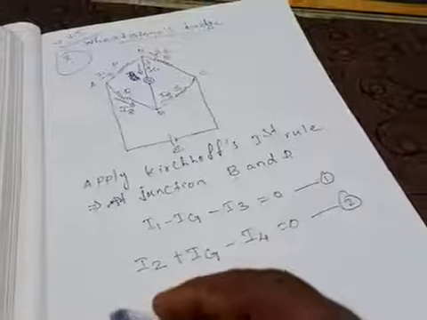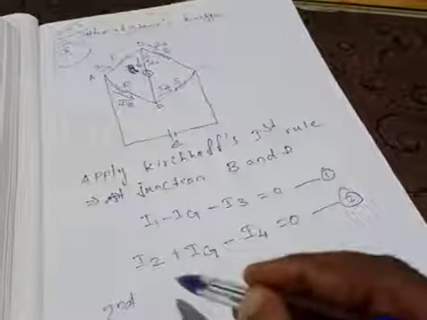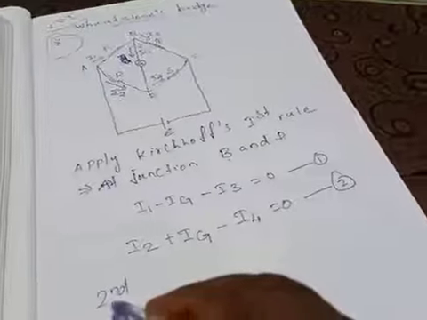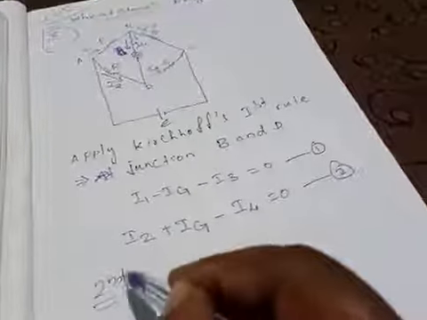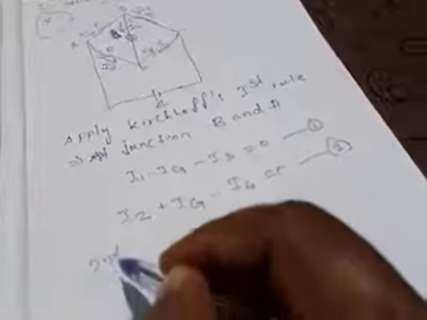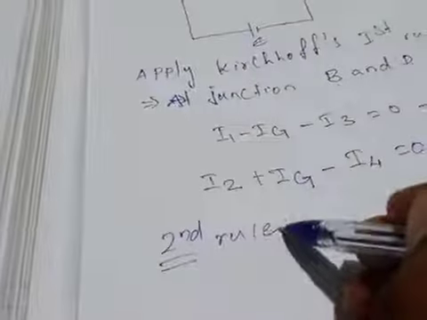Now Kirchhoff's second rule. The second rule we have to apply in a closed loop, okay? In a closed circuit. That is what is called the voltage rule, or you can call it the loop rule. So in a closed circuit only we will use the second rule.